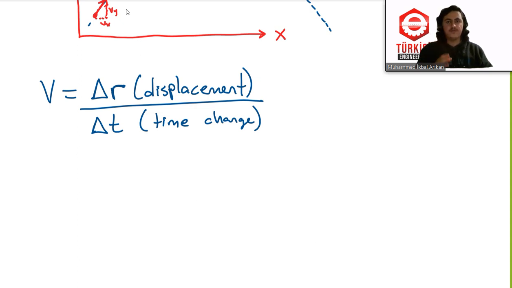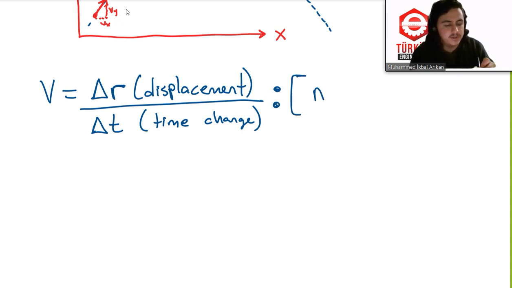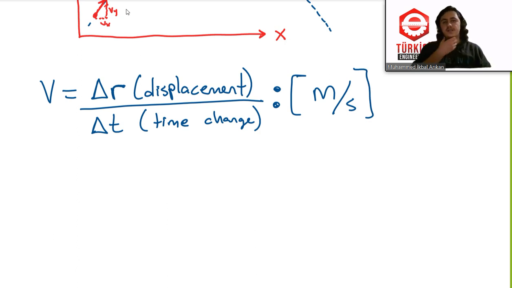That means per each second you moved 1 meter. Your average velocity will be 1 meter for each second. So your velocity unit will be meter per second. This is the SI unit, meter per second. So this is our velocity.